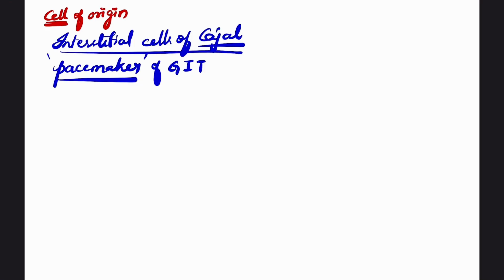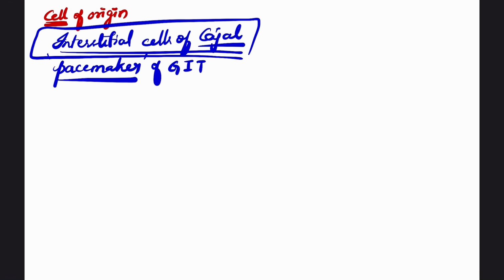These are nothing but the pacemaker cells of the GIT. They bring about gut motility and peristalsis. Pacemakers bring about motility and action potential. The pacemakers of the GIT are called interstitial cells of Cajal. These cells are responsible for gastrointestinal stromal tumor.